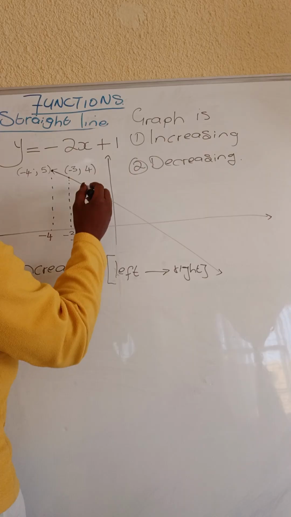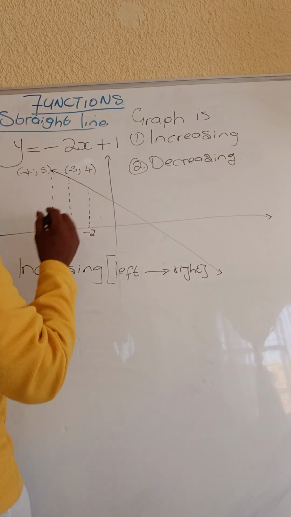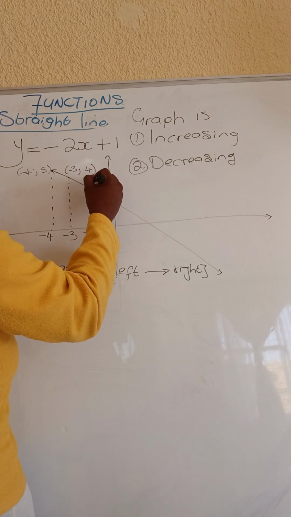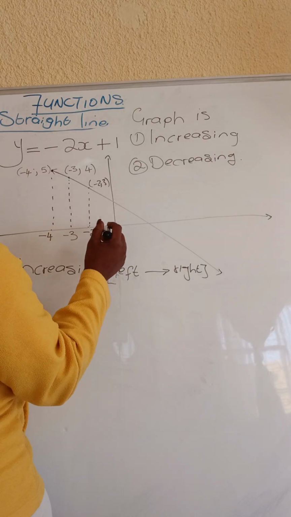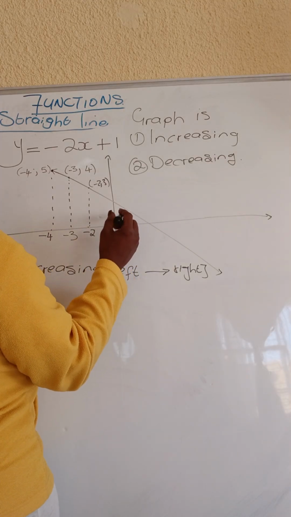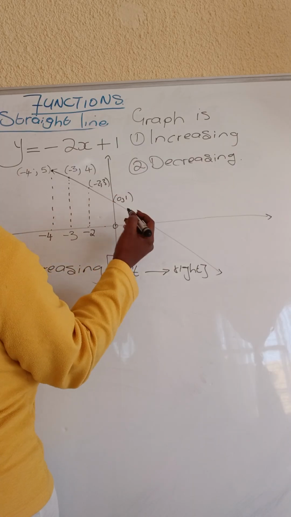And then we come to the next point. Let's say x is -2 and y is 3. So this point is (-2, 3). Then here, let's make x 0, and y can be 1. So this point is (0, 1).